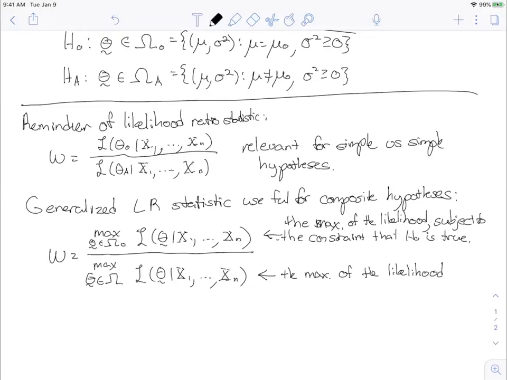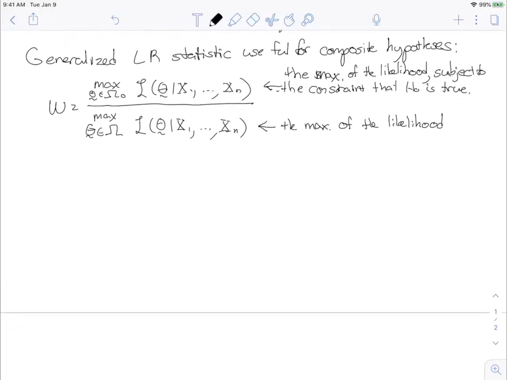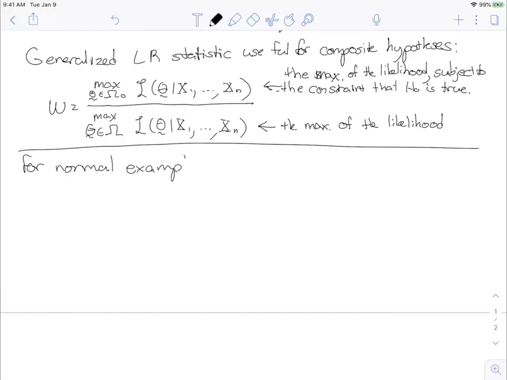So we're going to base our tests for these hypotheses on this generalized likelihood ratio statistic. So let's do that for our normal example. It's easier to think about the denominator first. We've previously found the maximum likelihood estimates for the normal distribution based on a sample of n observations.